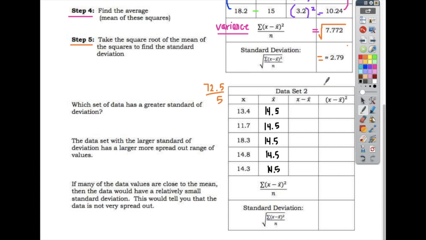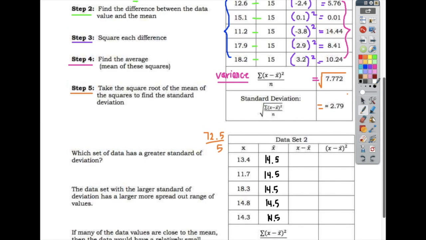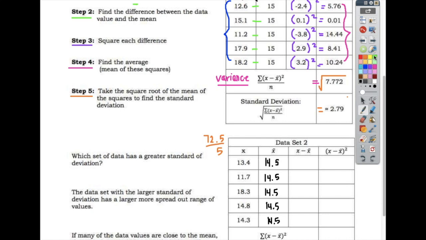Then X minus X bar is our step 2. So we are just taking each value and subtracting the mean. So we have 13.4 minus 14.5, and we get negative 1.1.